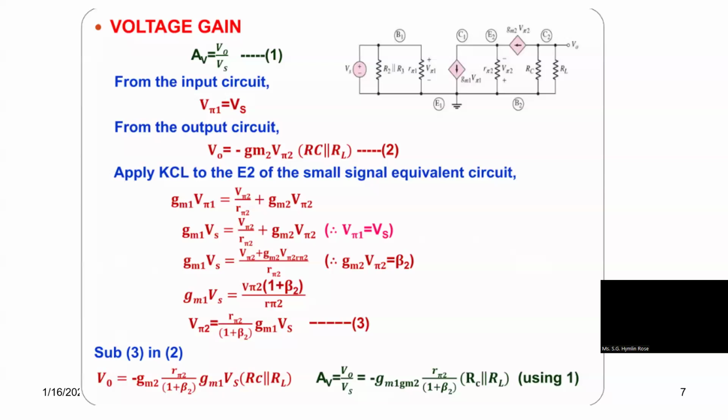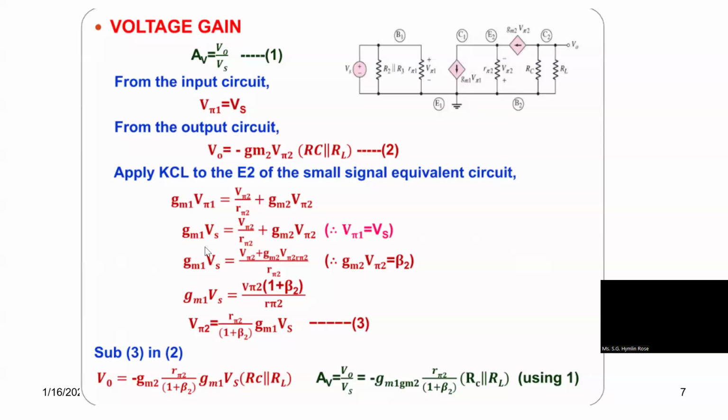We apply KCL at the emitter 2 terminal. From the diagram, the incoming current is GM2 V pi 2, and the leaving currents are V pi 2 by R pi 2 and GM1 V pi 1. So GM1 V pi 1 is equal to the current across R pi 2, which is V pi 2 by R pi 2, plus GM2 V pi 2.